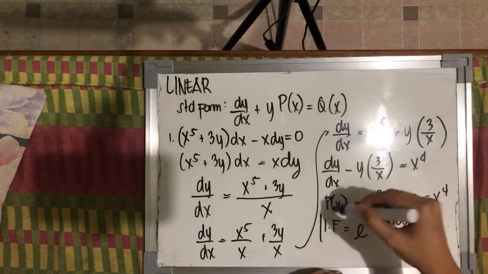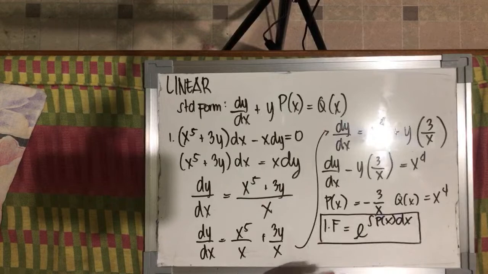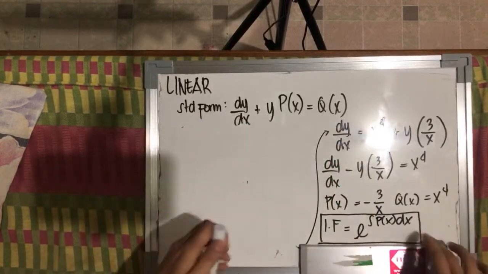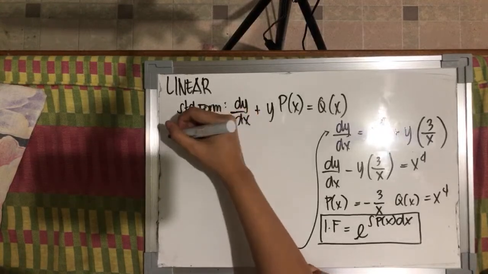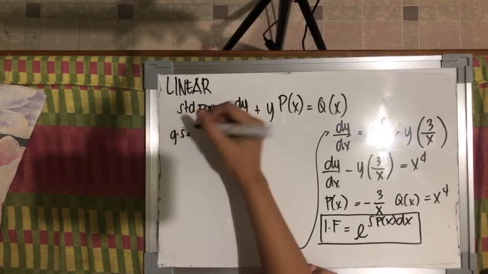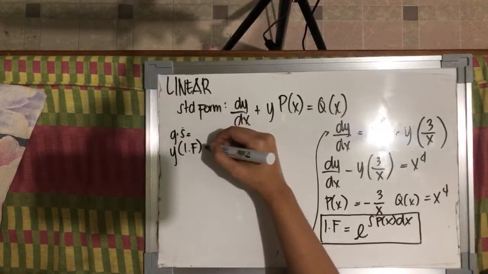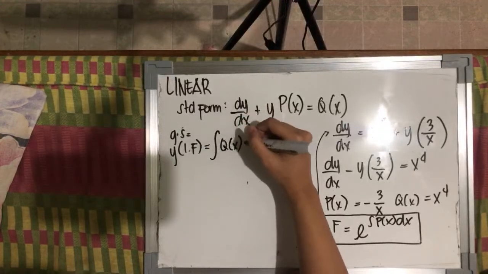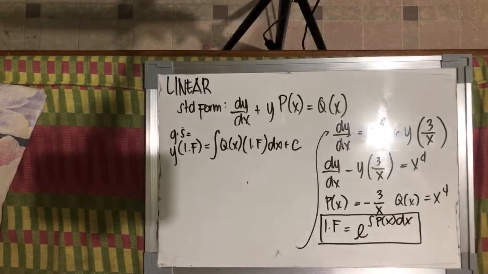Always remember this, because this is the formula of the integrating factor for linear. Next, we're not done yet. The general solution of linear is y times integrating factor is equal to the integral of q of x times integrating factor dx plus c.